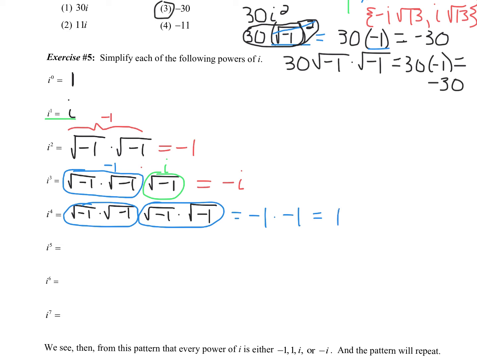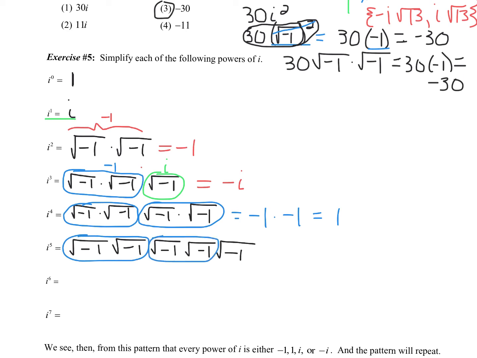Now if you haven't started already, I definitely suggest doing this on your own, because finding the pattern will help you remember it better. So here I have -1, -1, and then I just have 1 left on its own. So -1 times -1 from each of these blue circles, and then the green one is just times i.